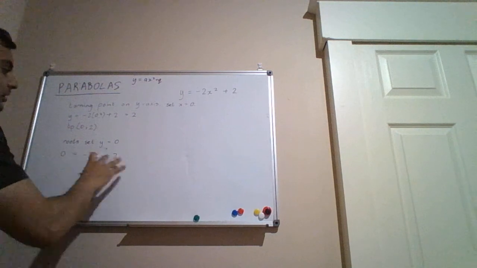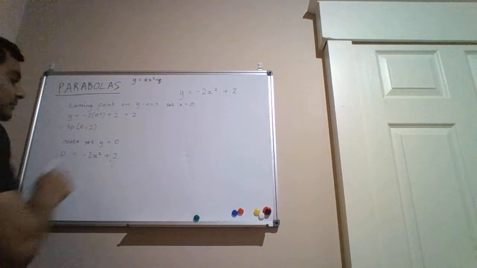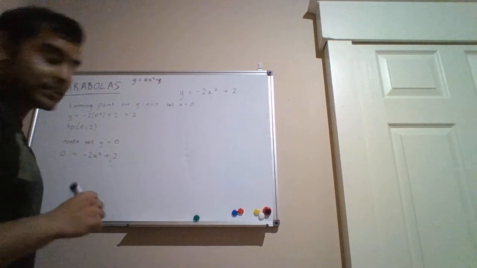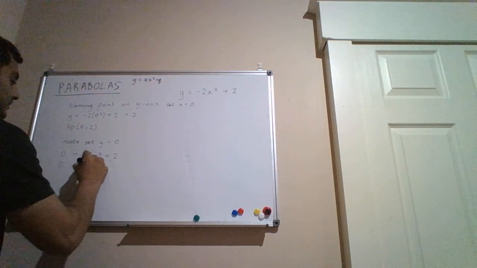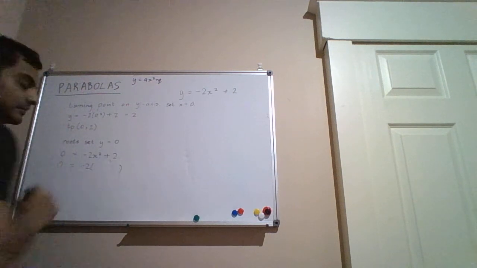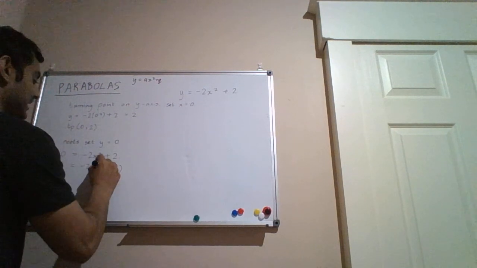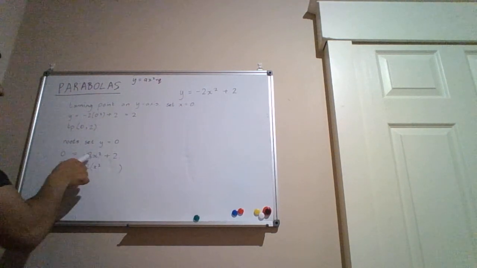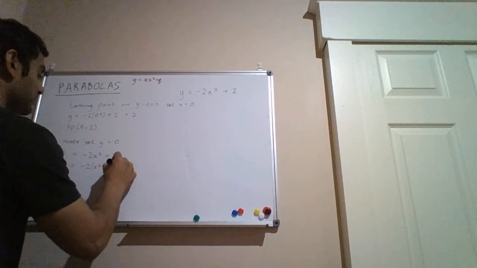Now we need to use some factorization tools to work this out. The first thing we can do is take out a common factor of minus 2. If we take out minus 2 from minus 2x squared, we're just left with x squared. And if we take out minus 2 from positive 2, we are left with minus 1.